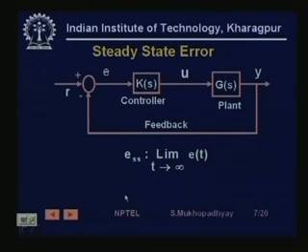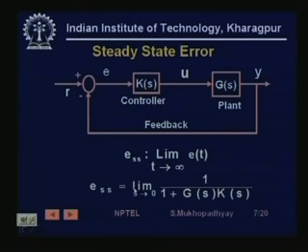We can also express it in a frequency domain form, which uses the final value theorem of Laplace transforms, and which comes down to the fact that e steady state is limit of s tending to 0 of 1 by (1 + G(s)K(s)), right. So this is the steady state error, and one of the prime requirements is to ensure by control that this goes to 0.